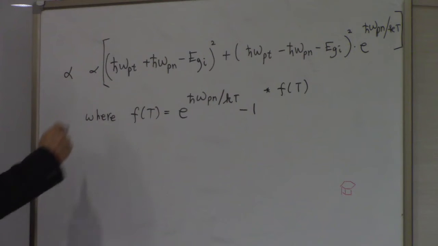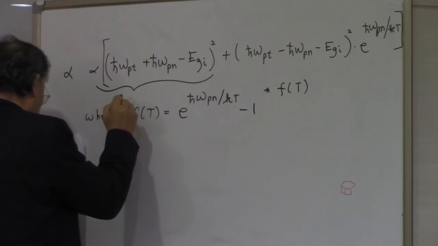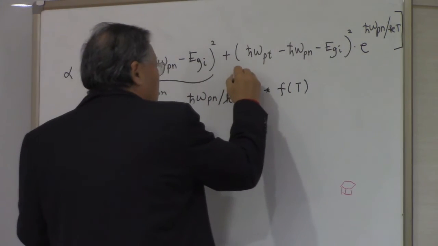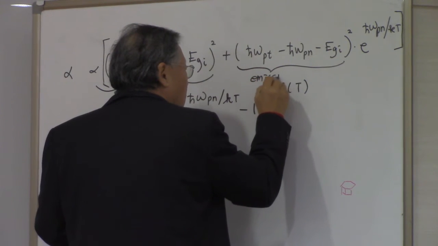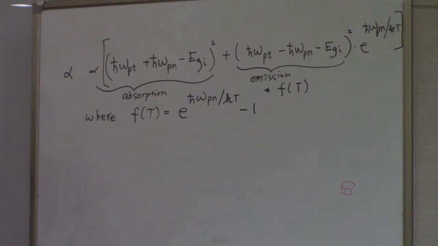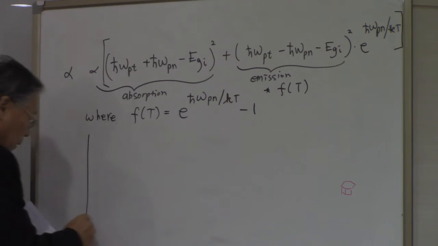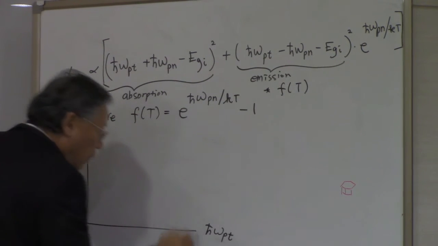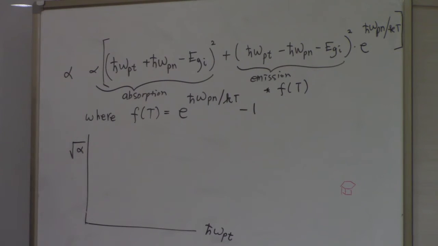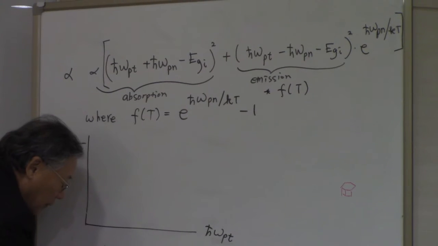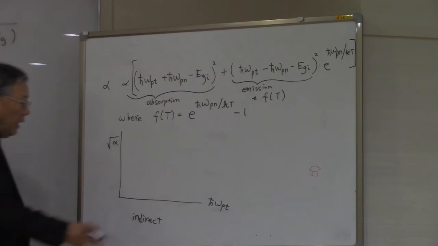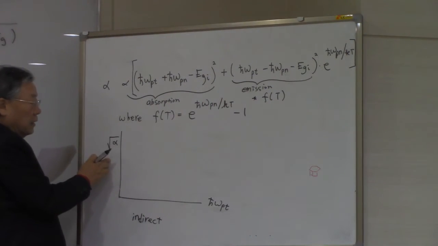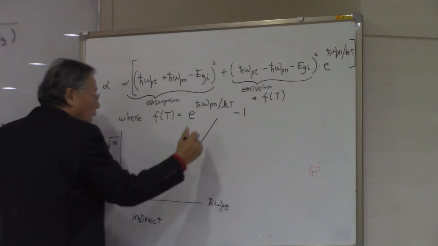All right? So this part is related to the absorption of the phonons, and this is the emission of phonons. So if you plot the square root of alpha with respect to the h bar omega photon in the indirect transition case, then at high energies, the emission of the phonon is going to dominate the whole absorption constant, so that we are going to have a straight line dominated by the emission.